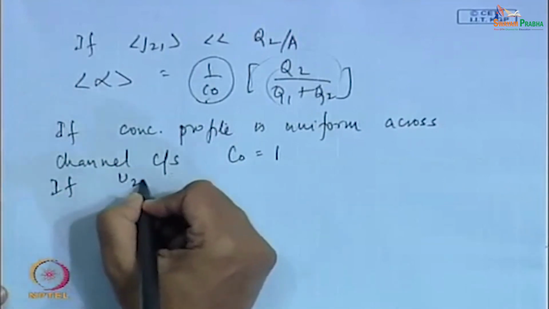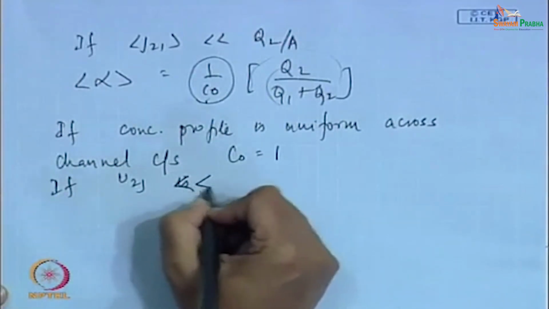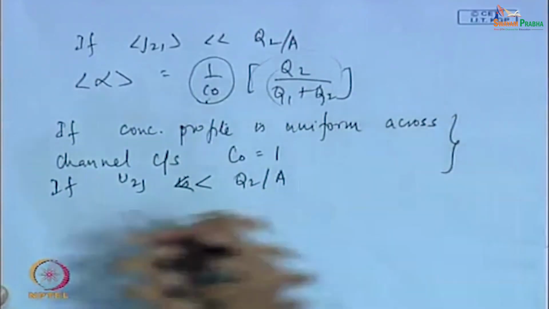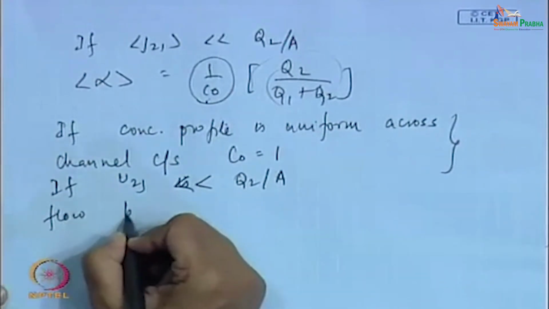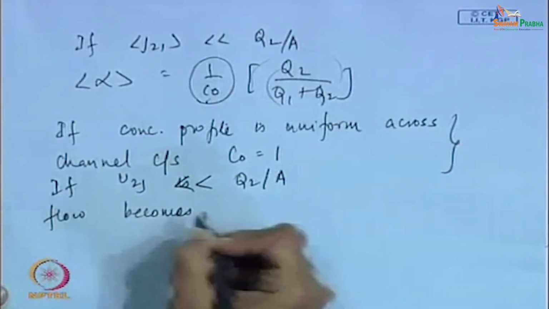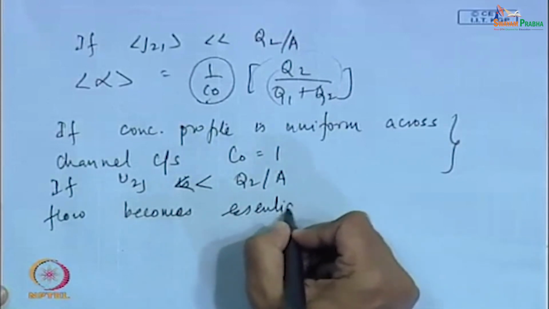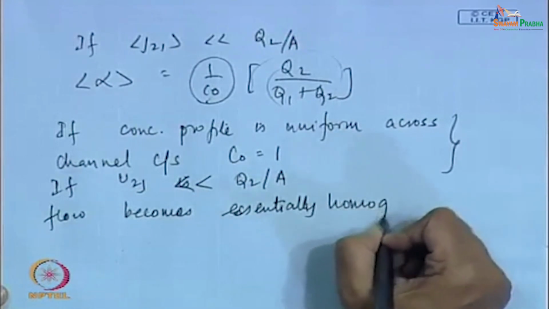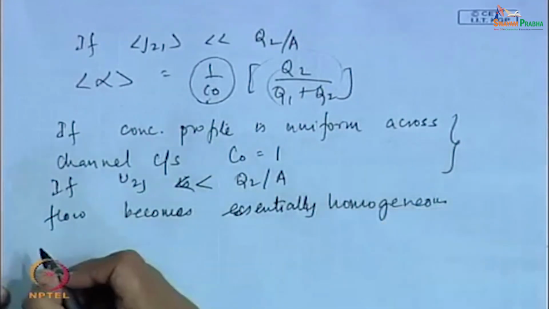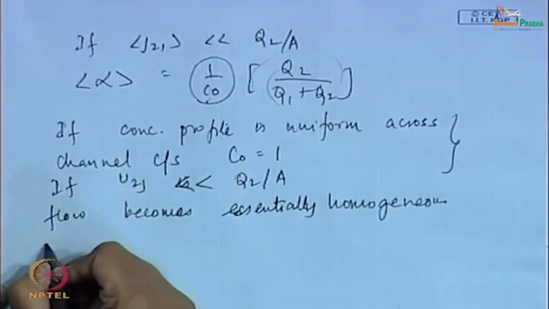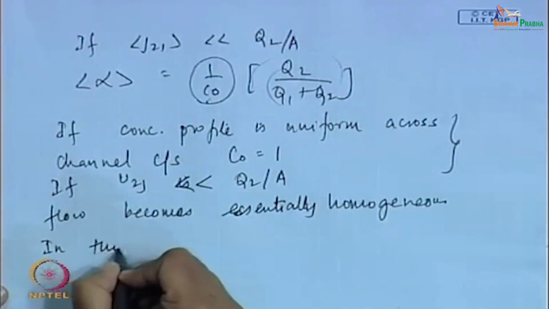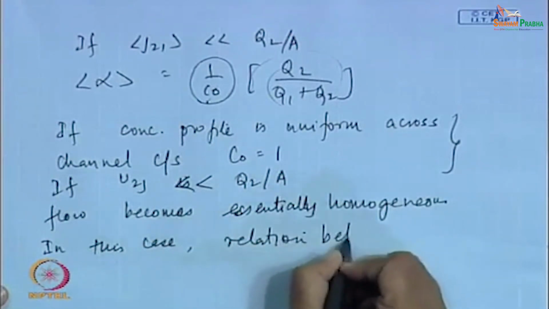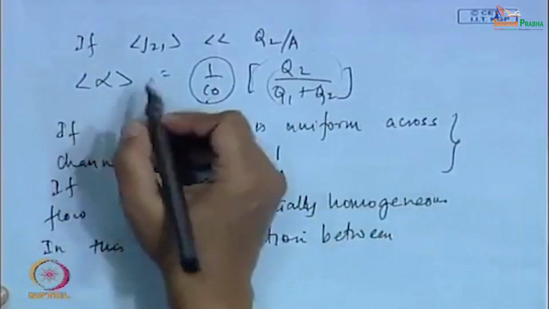If J21 is much less than Q2 by A, then for these two cases we get flow becomes essentially homogeneous.